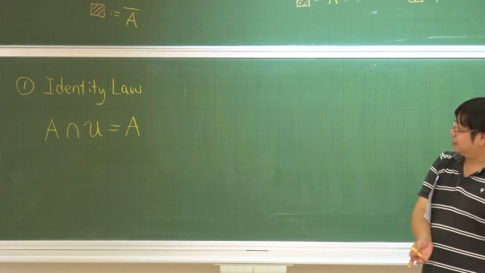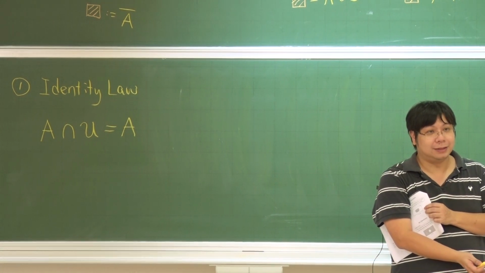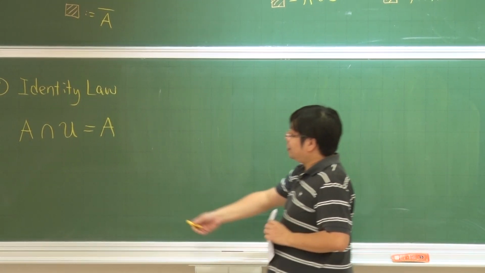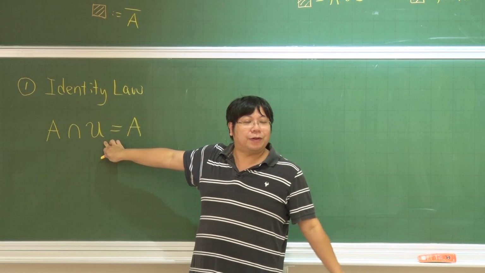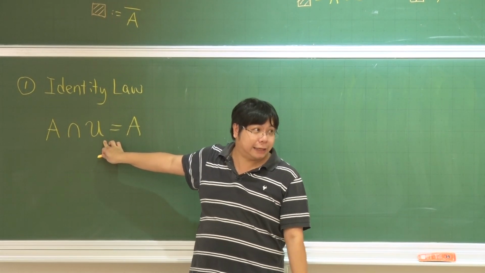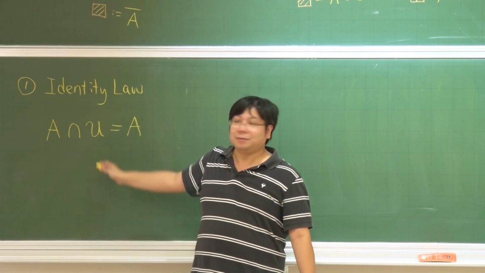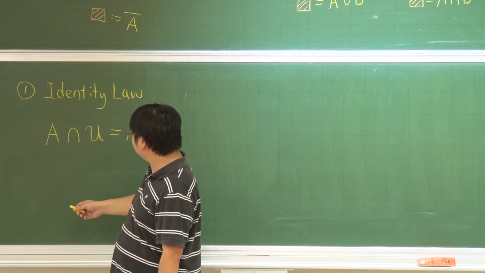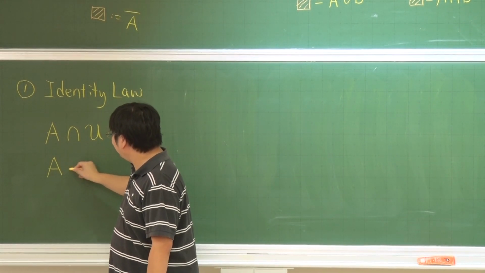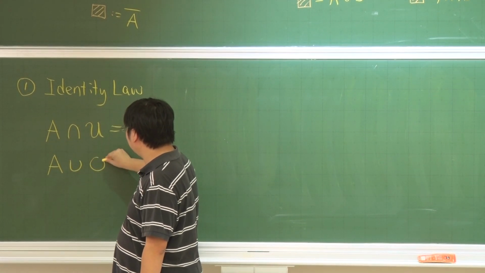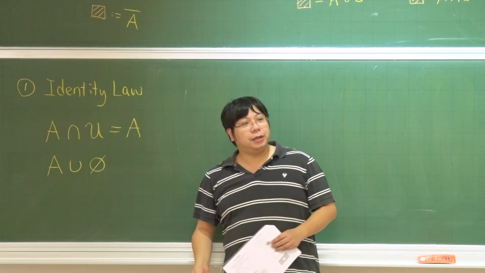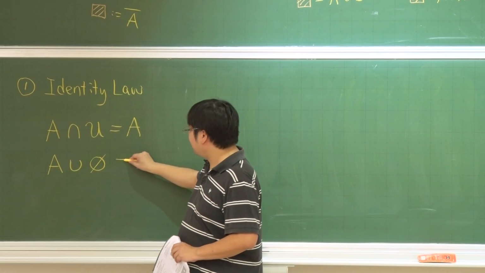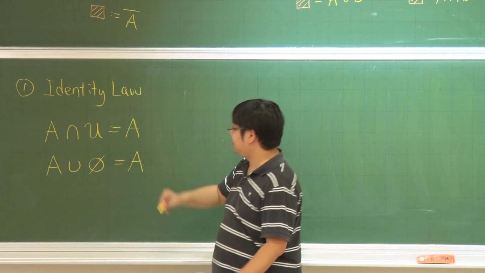The orange part will still be A. So intersecting with the universe does not have any effect. It is like an identity. And then union: if I union A with the empty set, I still get the original set A.